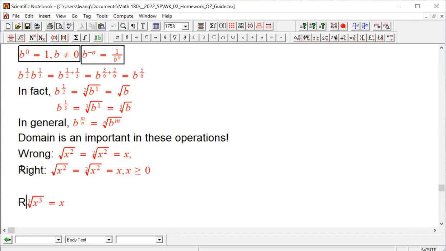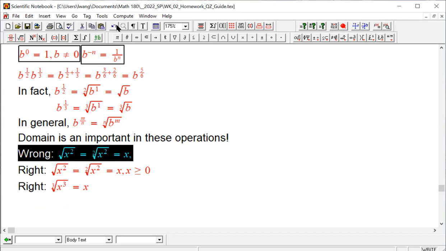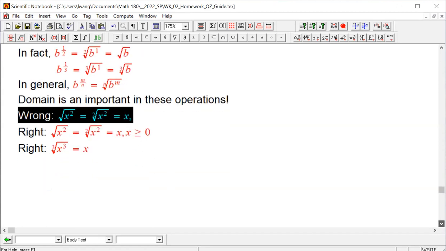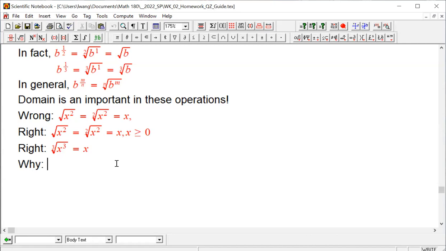So this is right. All right. So what is wrong here? Why is this wrong?